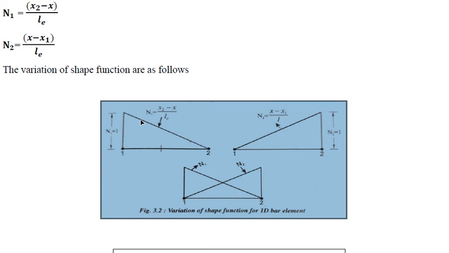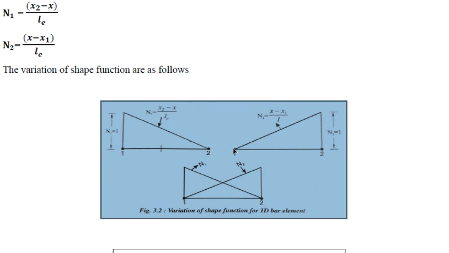So the shape function anywhere over this element, the length of the element, will be something whose value is less than 1. Here it will be 1, it will decrease, it will be less than 1, and further it decreases and becomes 0.